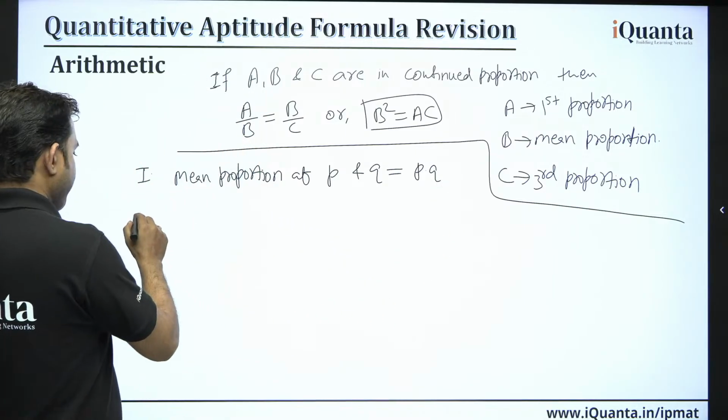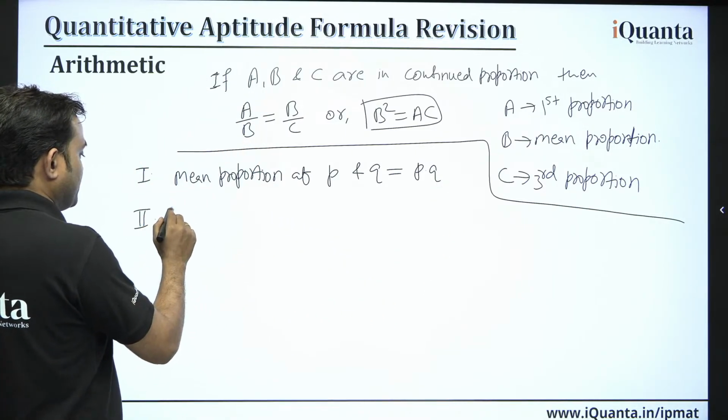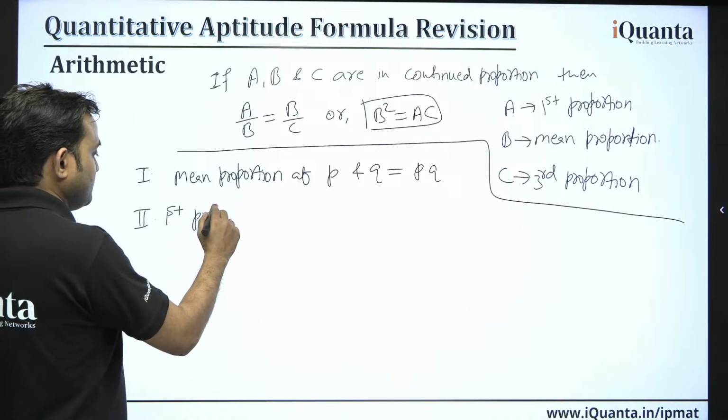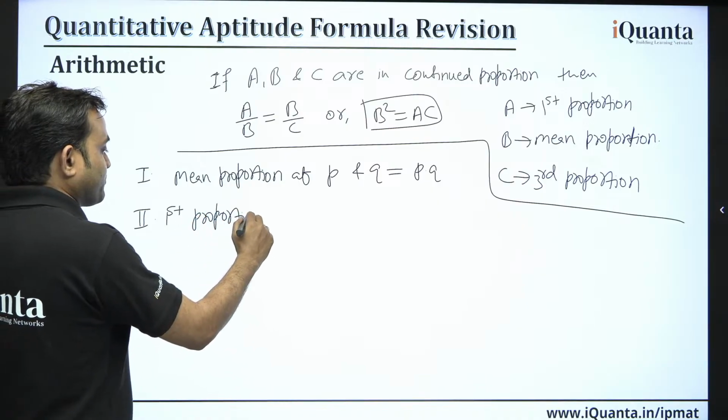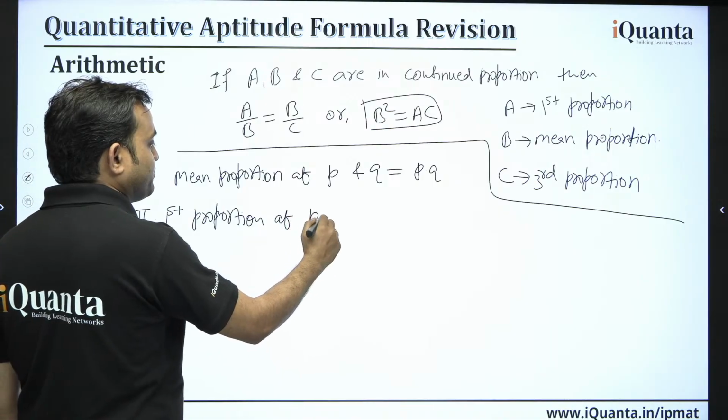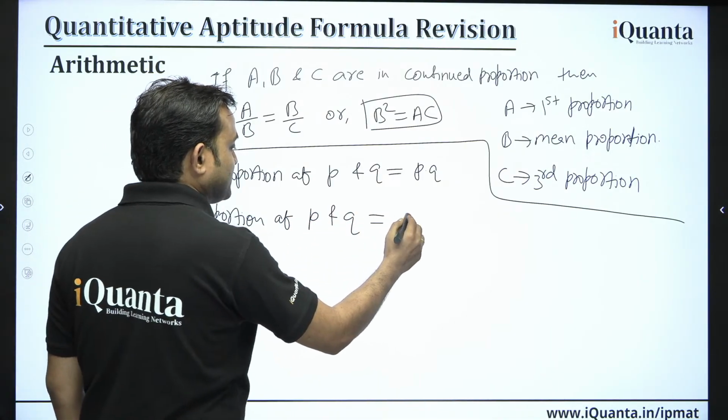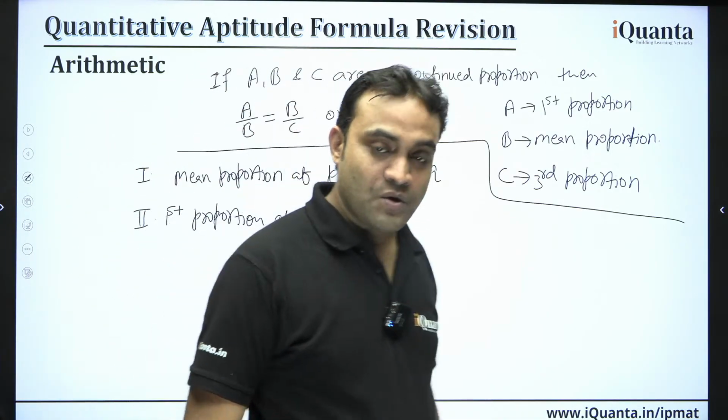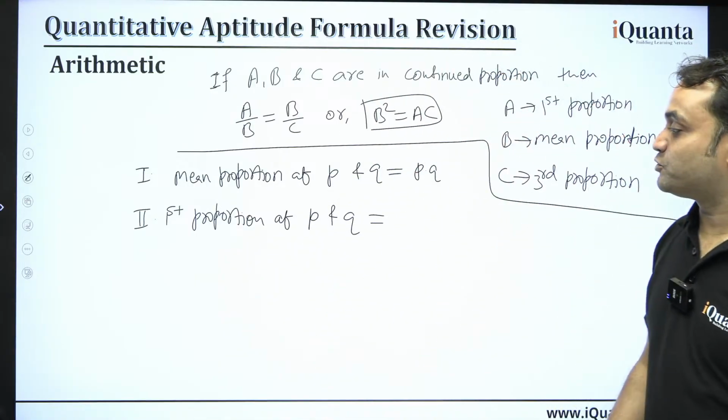But if it says first proportion of P and Q, can you tell me what will it be equal to?